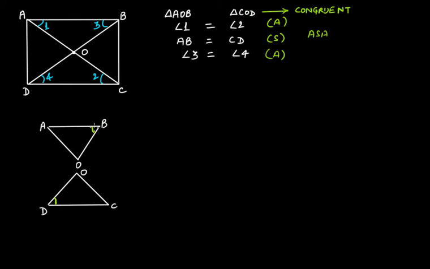Or we can say that angle B is equal to angle D. This angle 1 is equal to angle 2, so we can say that angle A is equal to angle C. Therefore, since these two triangles are congruent, the remaining third angle will be equal to each other, right?